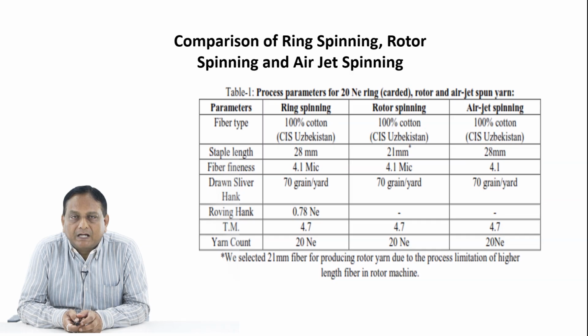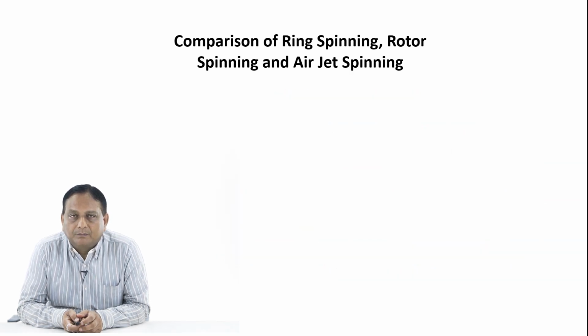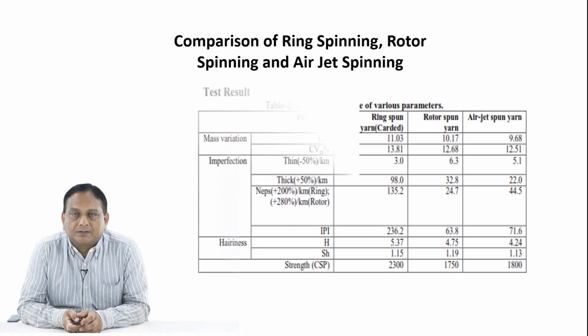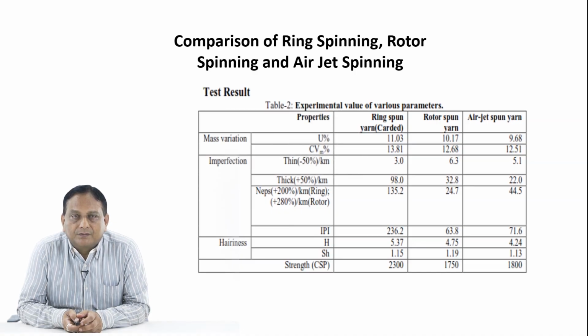Then drawn fiber hank 70 grains per yard. So in this fashion all these things have been selected, roving also selected, TM twist multiplier 4.7 in all cases, and yarn count 20 Ne in all cases. So these types of parameters were compared between these yarns.